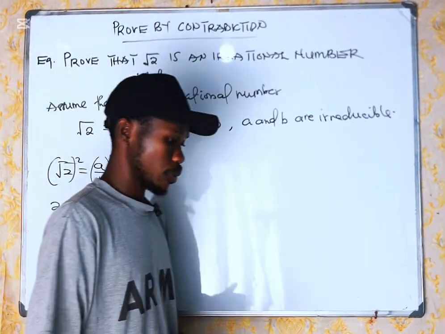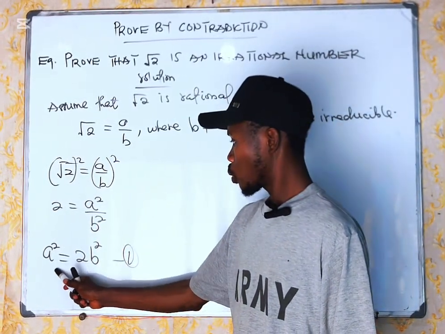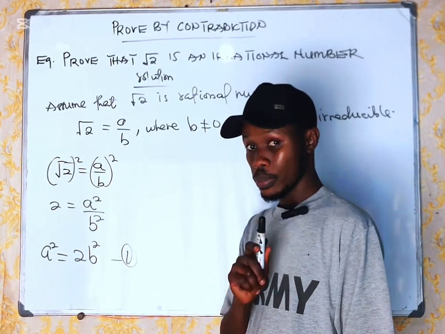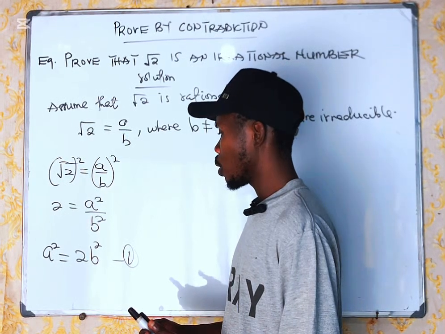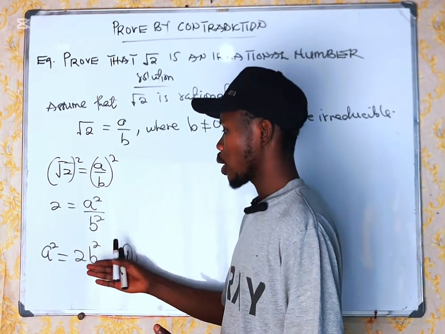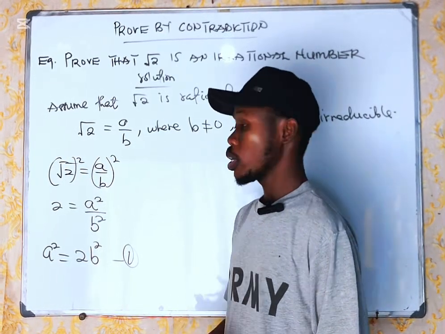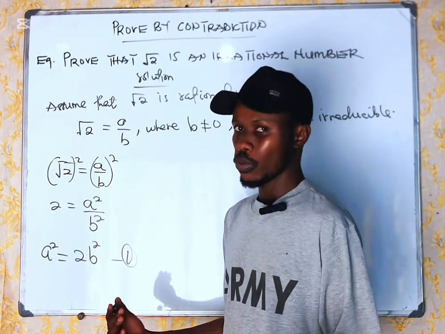What is going to happen? Look, a squared equals 2b squared. The idea here is that I'm trying to prove in such a way that a is an even number and b is an even number. When I have two even numbers, they will have a common factor.